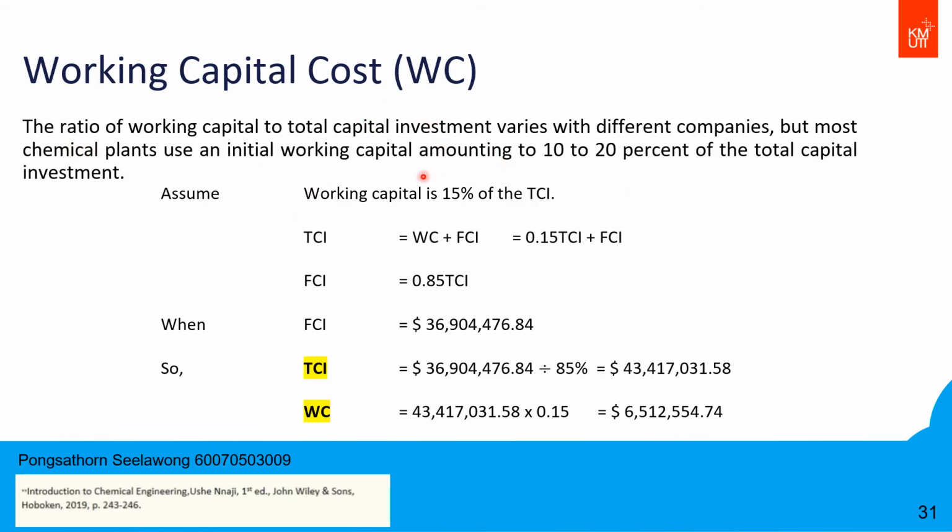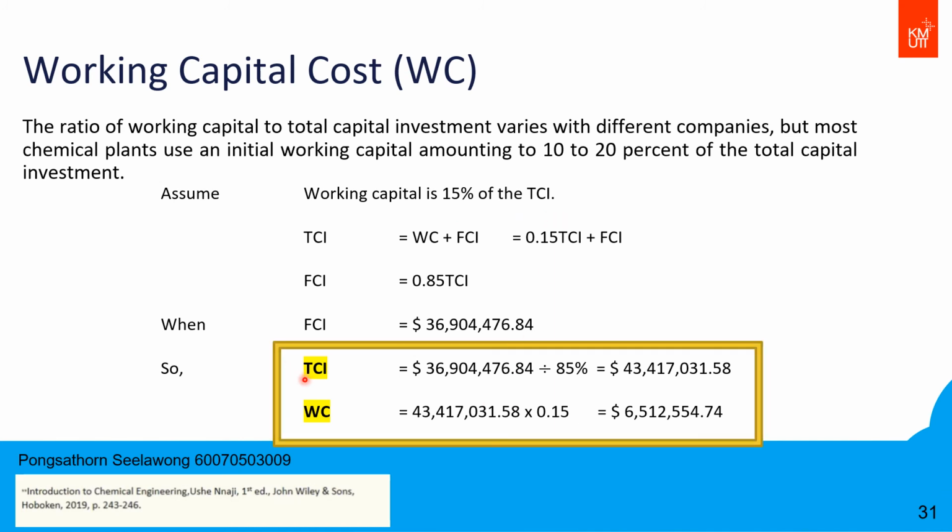The usual working capital cost of a chemical plant is 10 to 20%. And in this project, working capital is 15% of total capital investment. After calculation, total capital investment is around $43.4 million, and working capital cost is around $6.5 million per year.